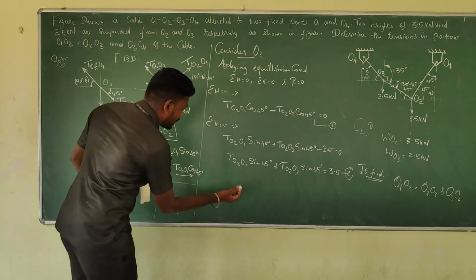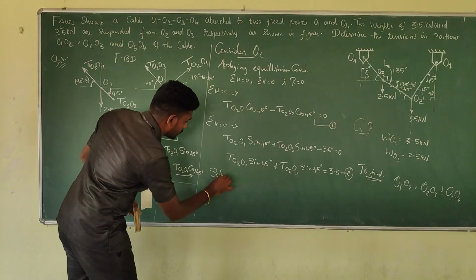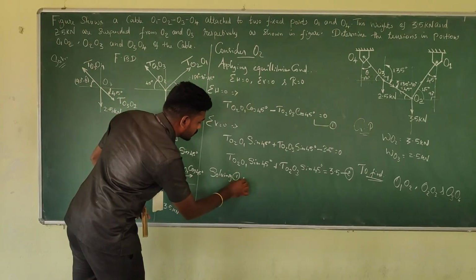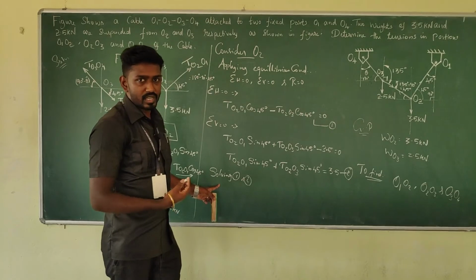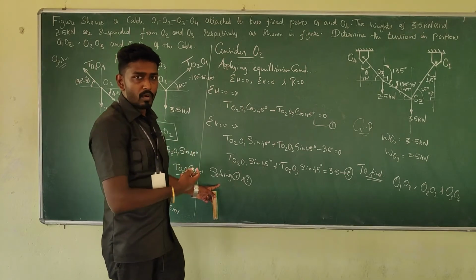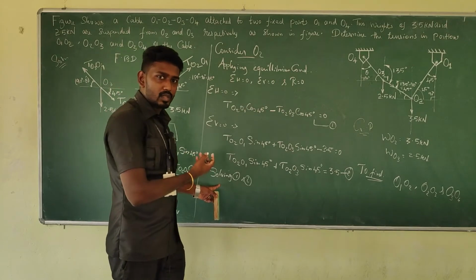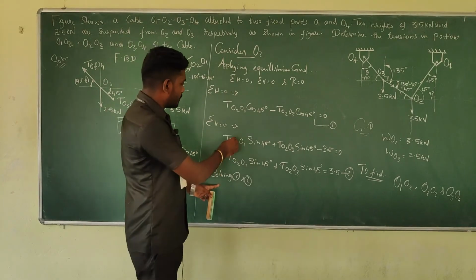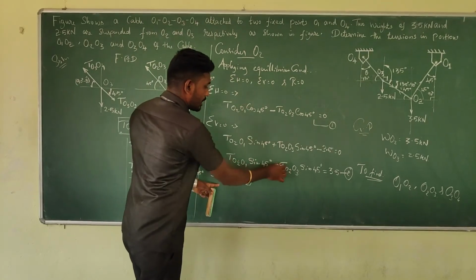If you solve equation number 1 and 2, solving 1 and 2, you have option in your calculator, just you go to the mode equation, okay, and just select the unknown as 2 here, because 2 of the unknowns need to be found, right?